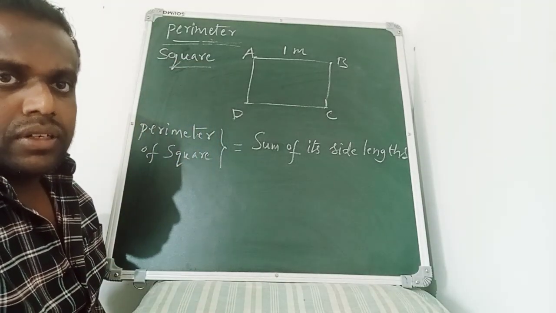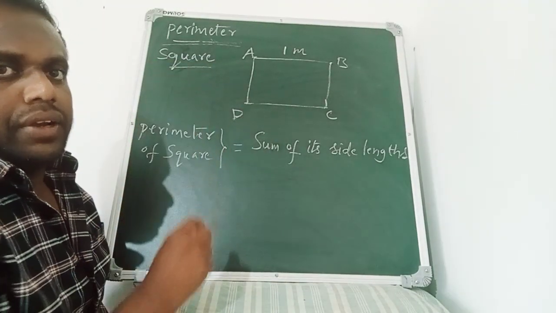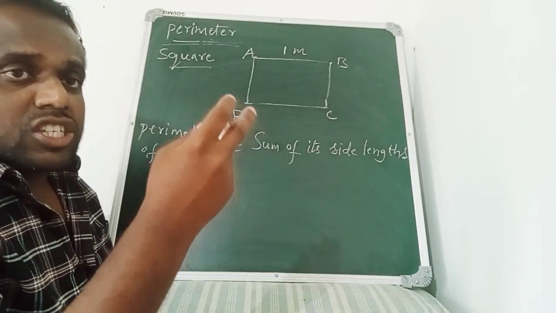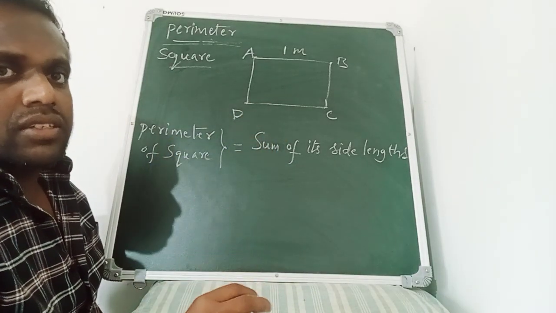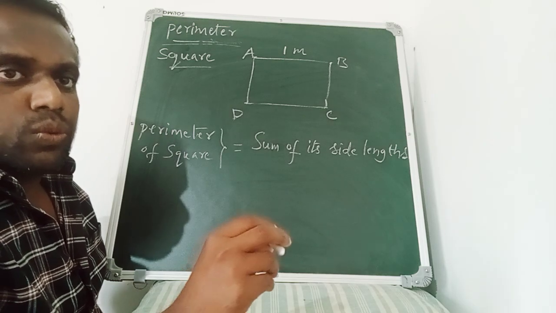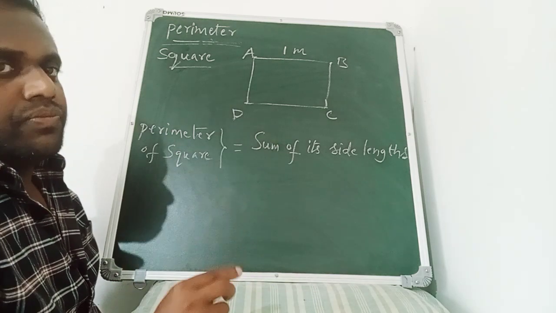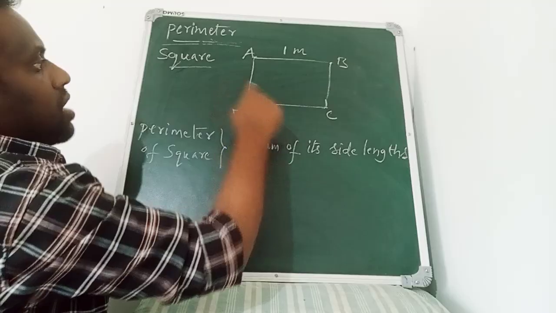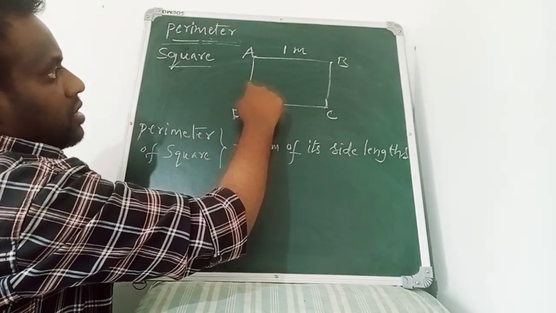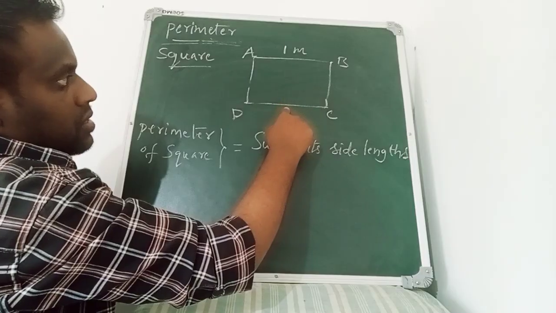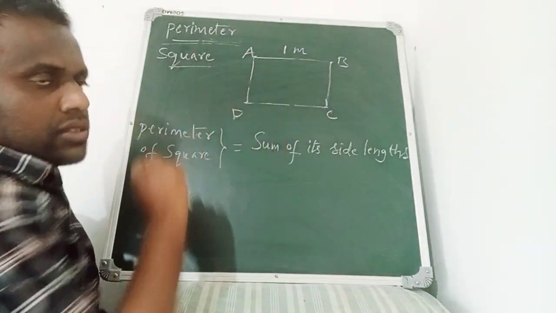How to find? You should know an important point. What is that? The square has all sides and their lengths equal. All side lengths are equal. Okay, this length is the same as this, its length is the same as this, its length is the same as this.